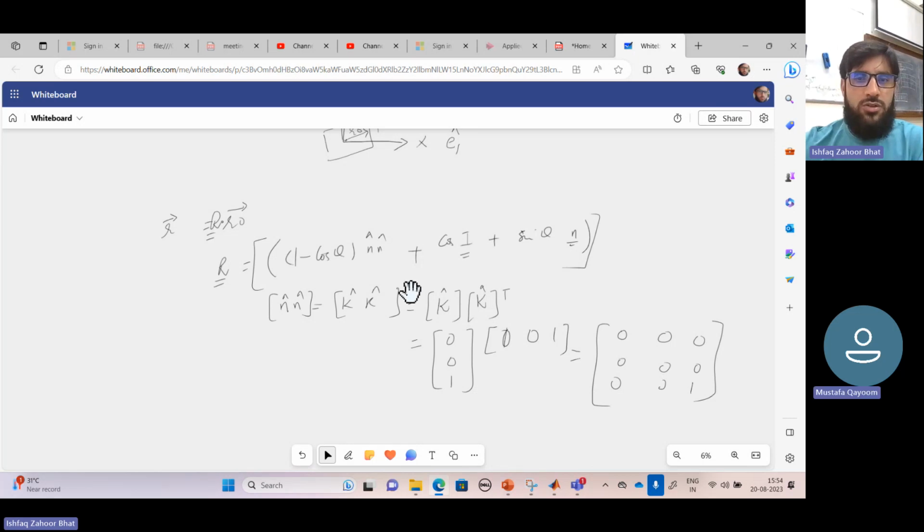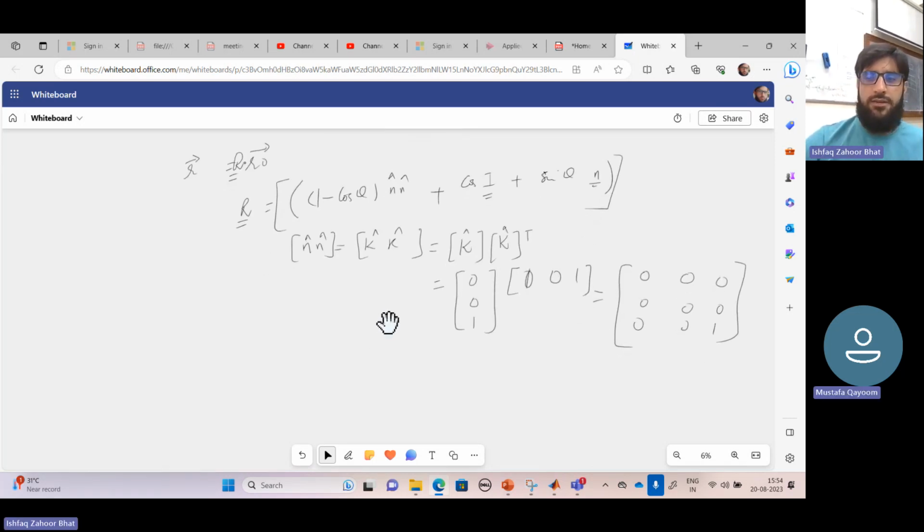Similarly, we know I is nothing but the identity matrix. Let's see what the skew symmetric matrix associated with this n is. It has zeros on the diagonal, and the entries are minus nz, ny, nz, minus nx, minus ny, nx.